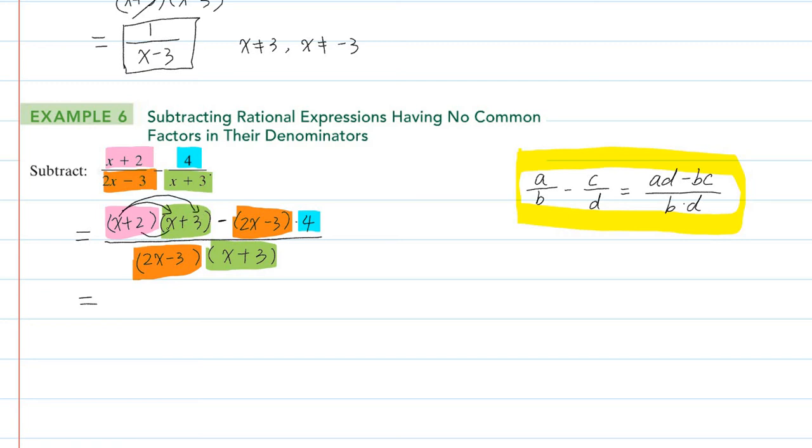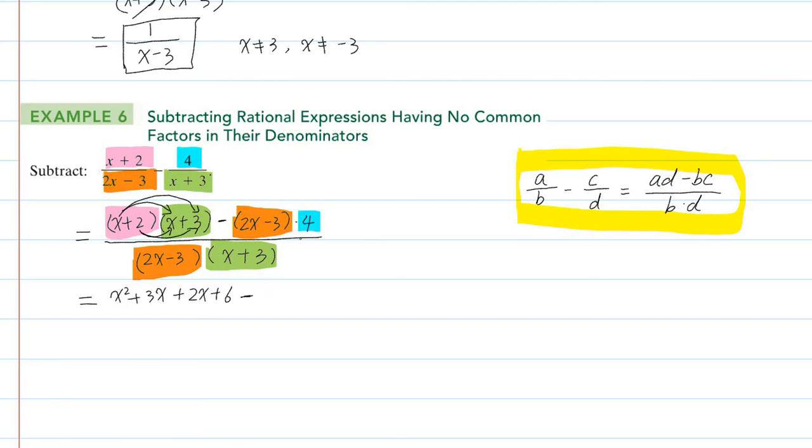Here I'm just going to work on this. You just have to do it step by step like this. So we're going to have x squared, and then 3x, and then plus 2x and then plus 6. Then for the second part, remember that's a subtract between.